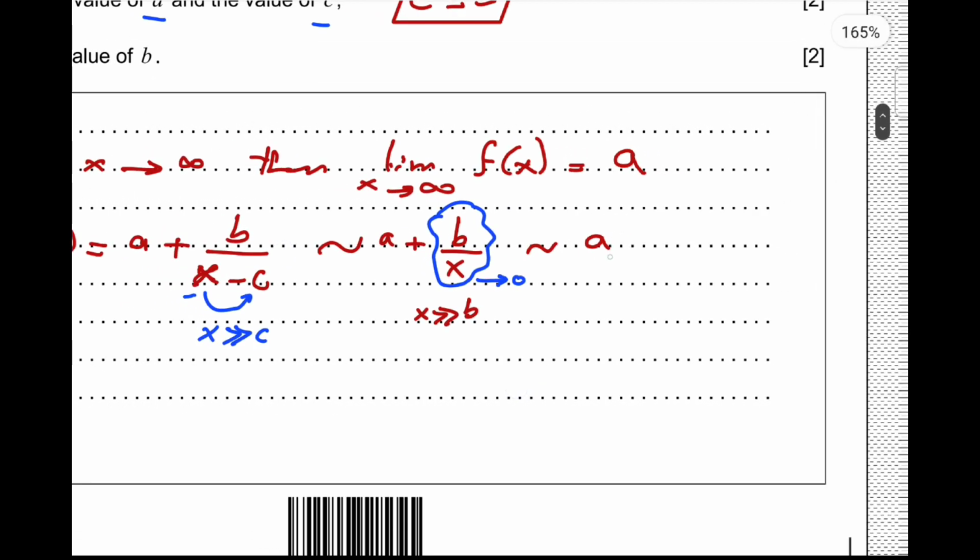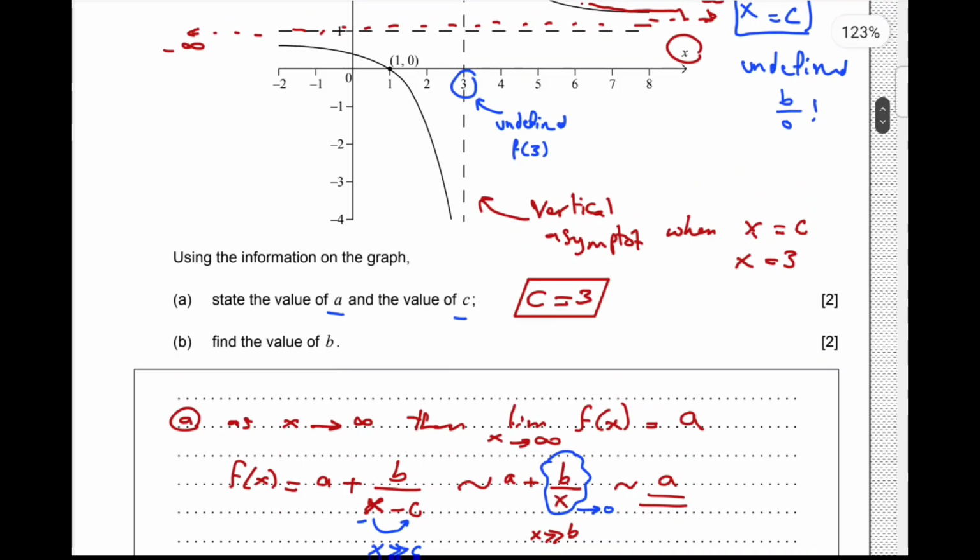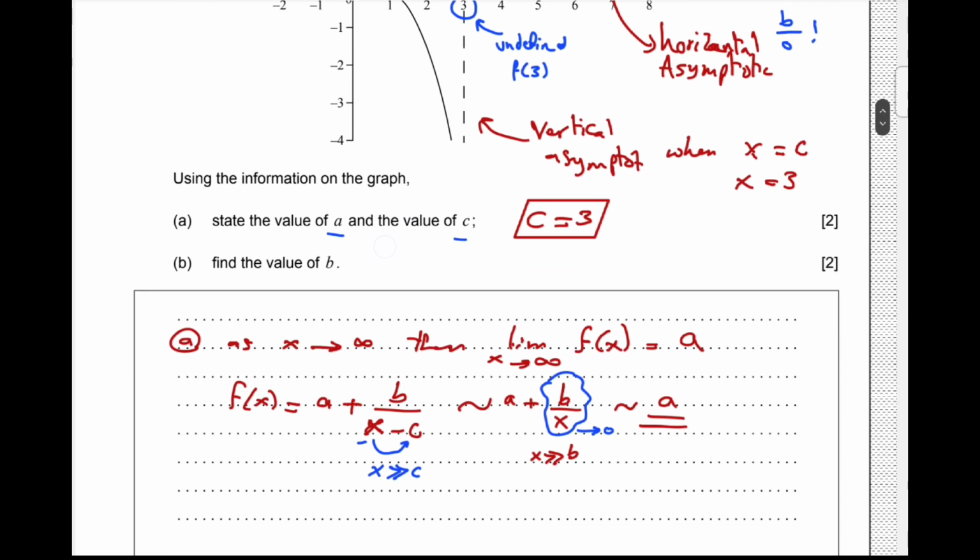So that's the horizontal asymptote. In this case, a equal to 1.